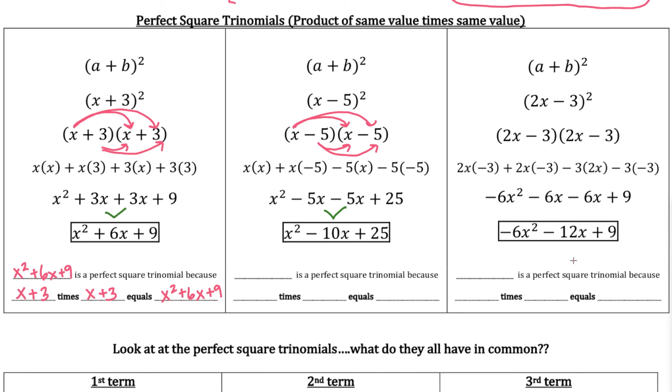So we can say that x squared minus 10x plus 25 is a perfect square trinomial because x minus 5 times x minus 5 equals x squared minus 10x plus 25.